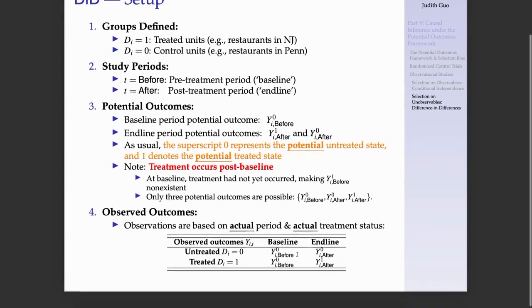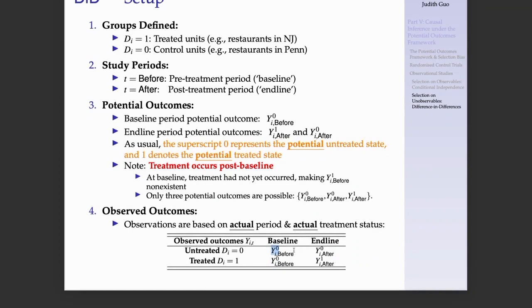So you see that we have the same notation for those regardless of whether their actual treatment status is 1 or 0. So everyone is untreated. Now at the end line, those in the control group are actually not treated. So we can only observe the untreated state outcome for those in the control group.